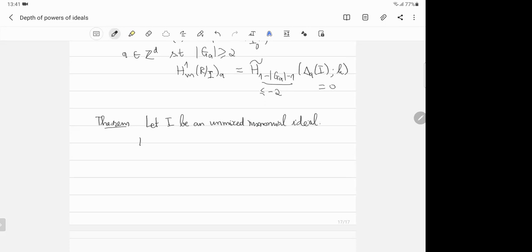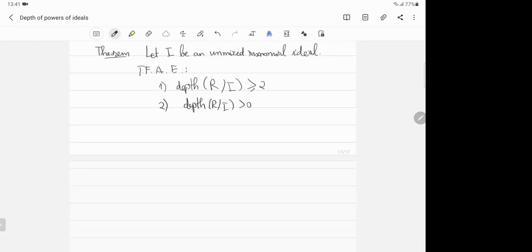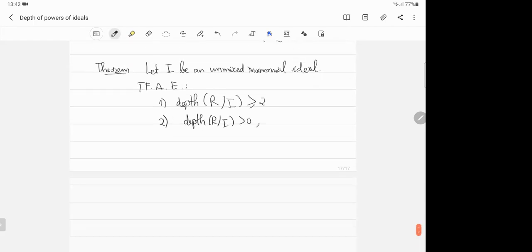And then the following are equivalent. The depth of R mod I is at least 2. It is equivalent to: first, depth of R mod I is positive, and this we know that you can check by looking at the associated primes, right?